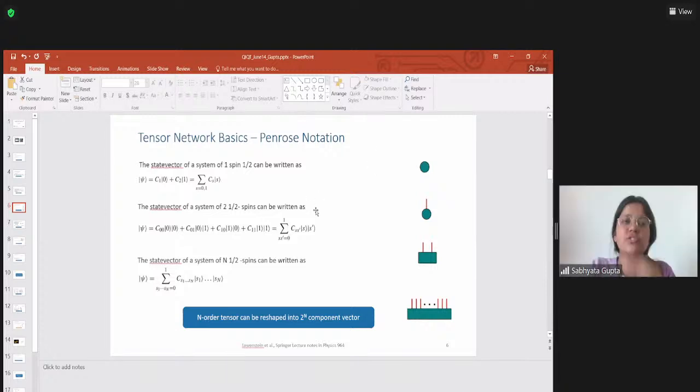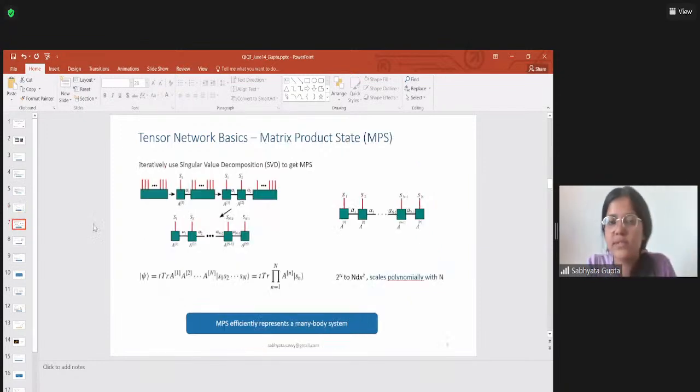Okay, yes. So at least for the matrix product state and DMRG, it works very well for 1D gapped Hamiltonians, which I presented, but there are various other tensor network structures like MERA or PEPS, projected entangled pair states, which are effective for different kinds of Hamiltonians, which might not have a local structure.